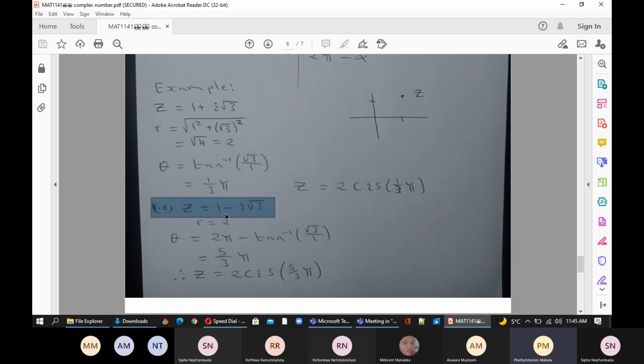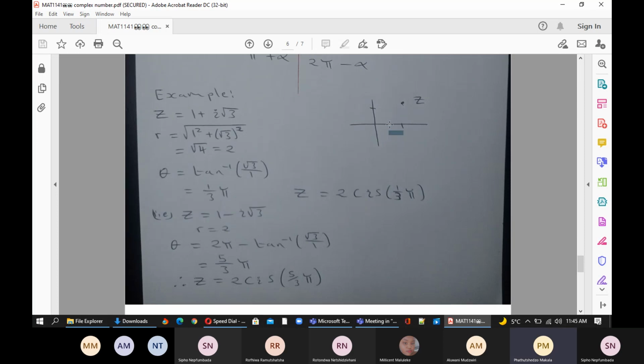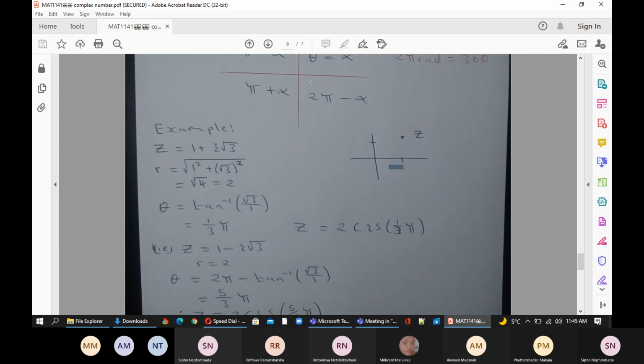So now let's plot this equation. We have 1, which is positive, on the x-axis, and the negative root 3, which is here. It means this guy is in this quadrant. Let me show you by the quadrant. It's here.